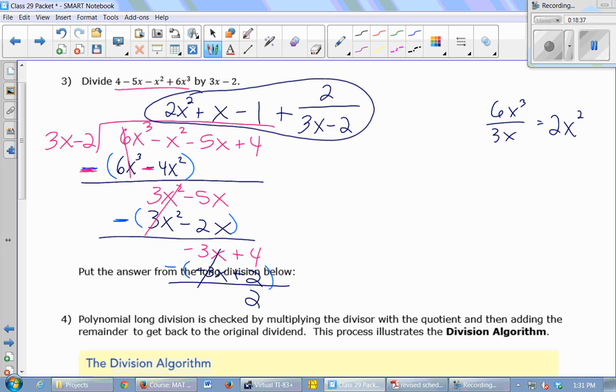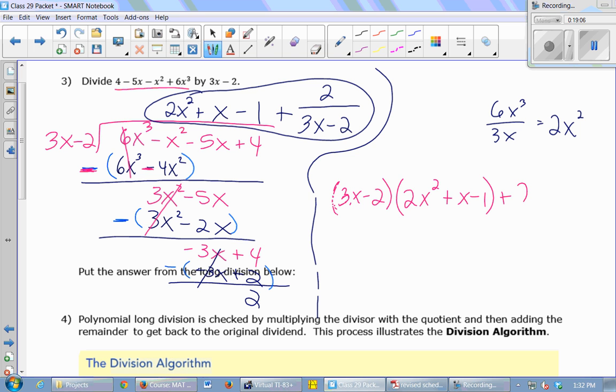If I wanted to check it, I would say my divisor. So I'm just going to do it in a different color over here. So I should be able to multiply 3x minus 2, my divisor, times my quotient, 2x squared plus x minus 1, and add my remainder, 2.